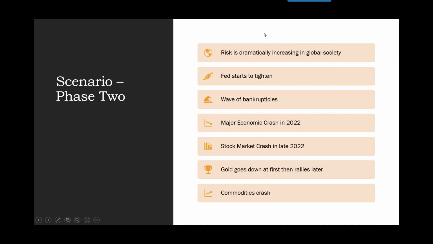But risk is dramatically increasing throughout all of society. See, when the Fed reduces interest rates to zero, it induces people to gamble more. So we see the rise of things like NFTs. We see risky stocks outperforming steady stocks. We start to see just zombie companies.